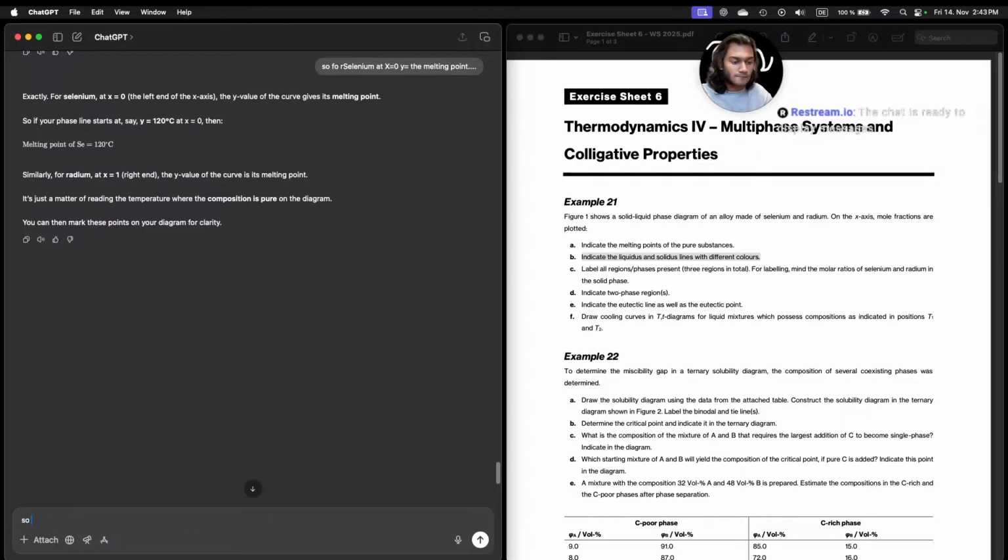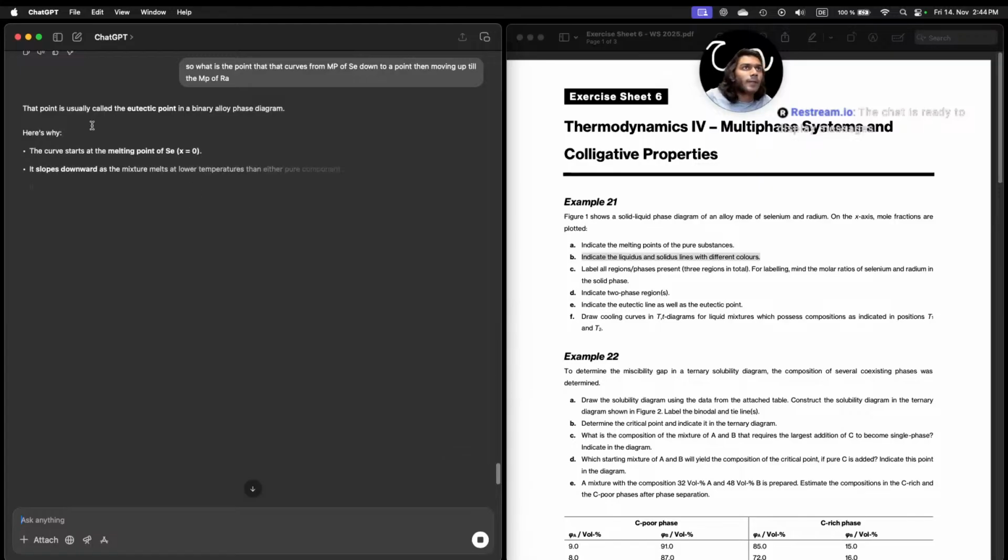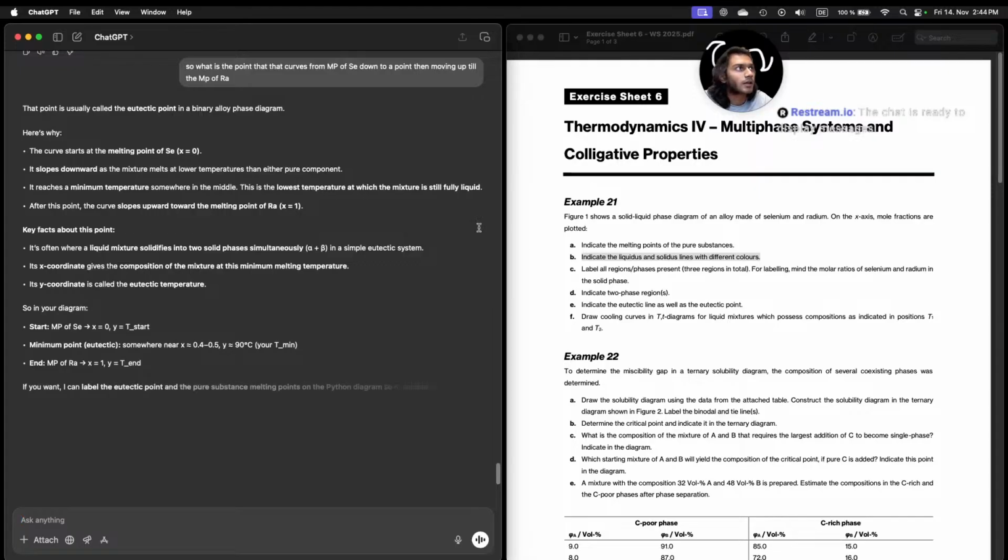Wait. So radium, Ra, yeah. That point usually is called eutectic point in the binary alloy phase diagram.